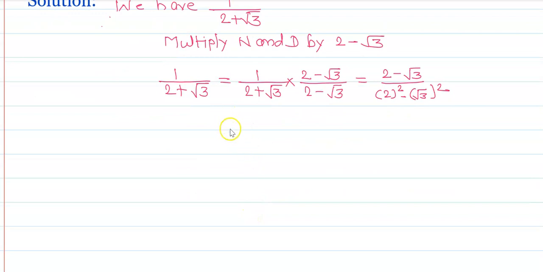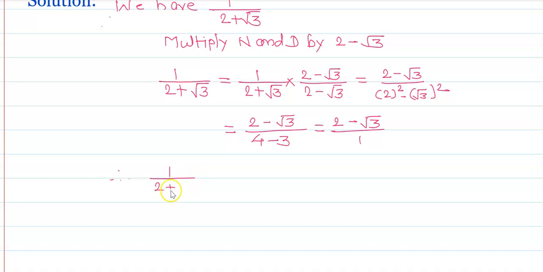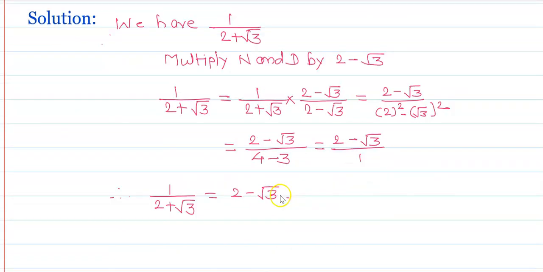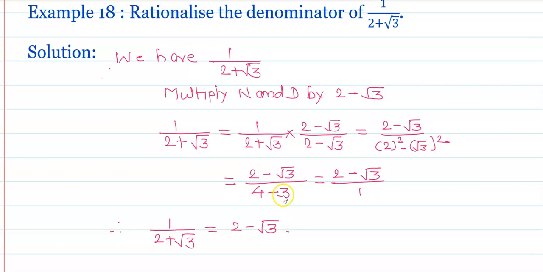Therefore 2 square means what? 4 minus 3, and here 2 minus root 3 upon 1. After rationalizing the denominator, 1 upon 2 plus root 3 equals 2 minus root 3. Okay.